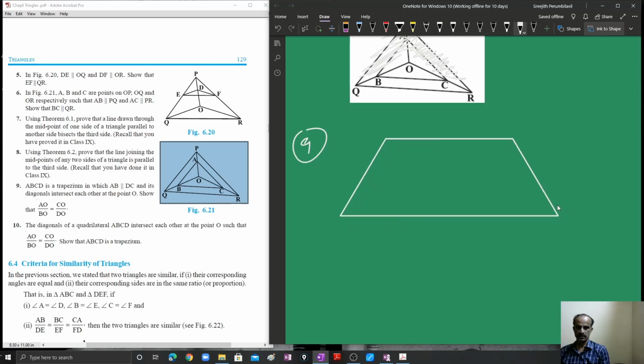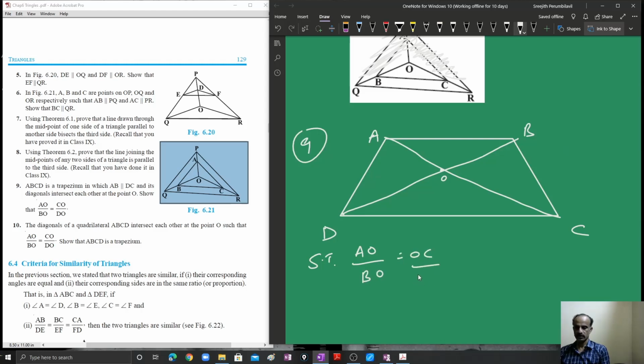ABCD is a trapezium with AB parallel to DC, and its diagonals intersect at O. Show that AO divided by BO is equal to OC divided by DO. This is what we have to prove.